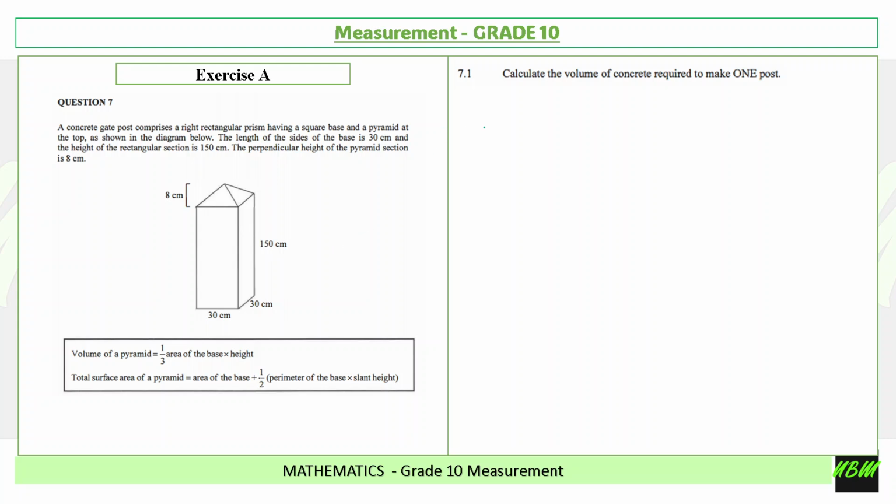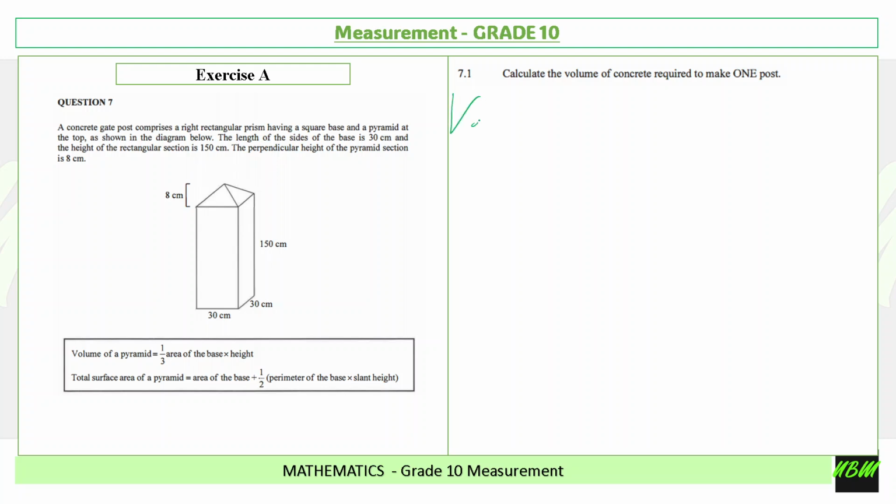Alright, now question 7.1, we have to calculate the volume of the concrete required to make one post. We need to calculate the volume of the concrete to make a post.